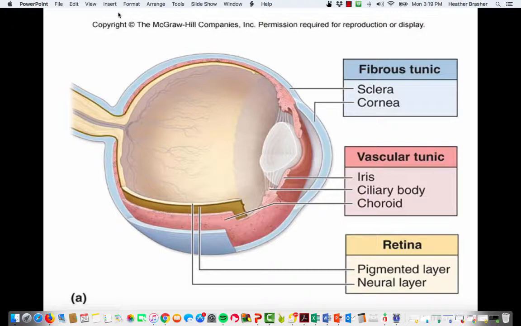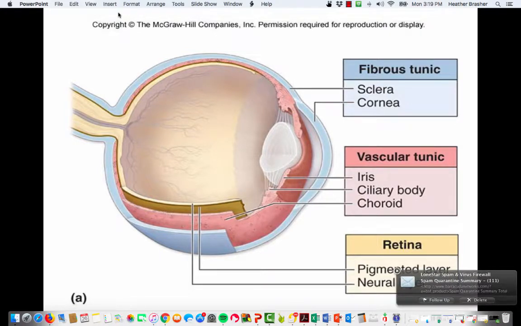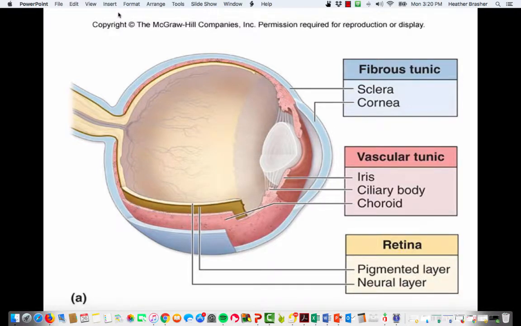And so let's look at this last part here. Here you'll notice we have the retina. And the retina has both pigmented layers and neural layers there.